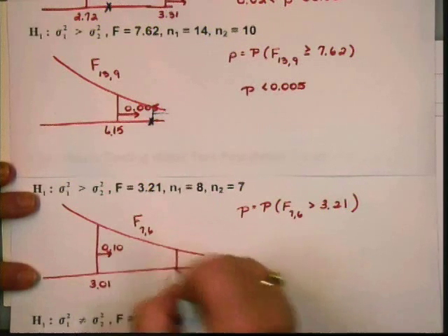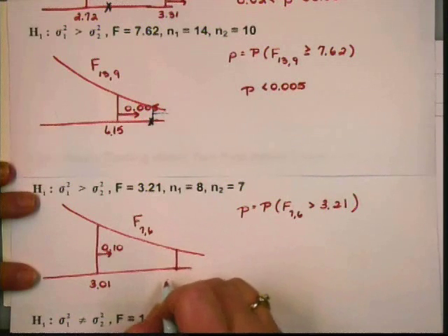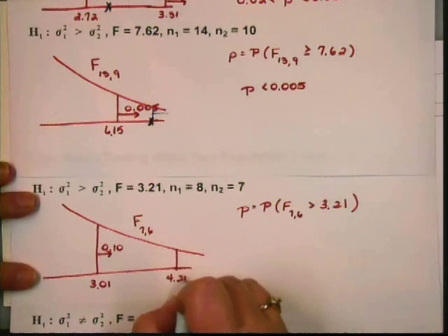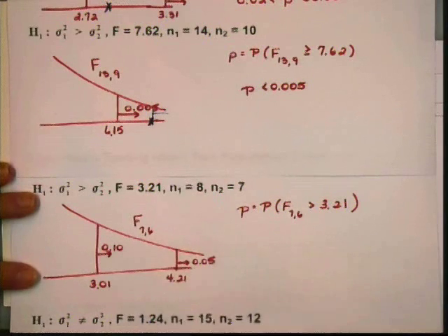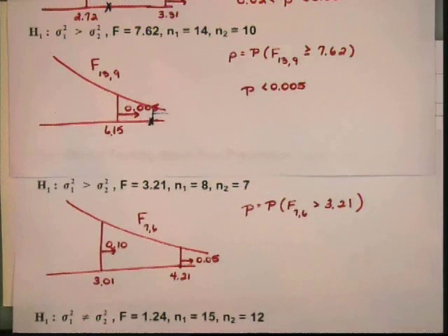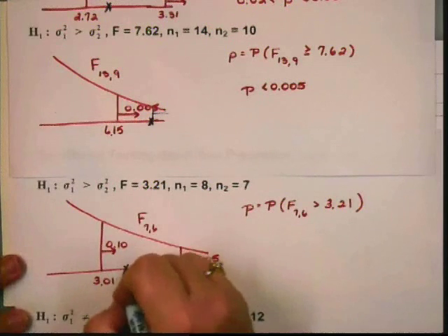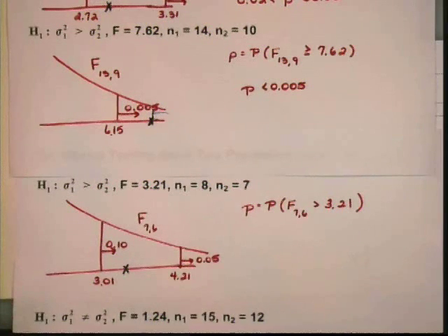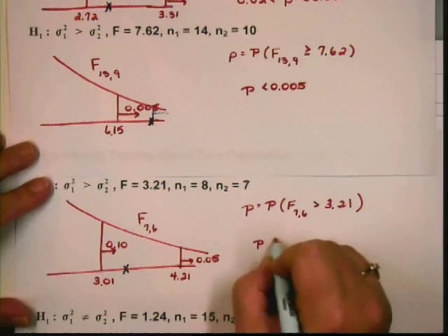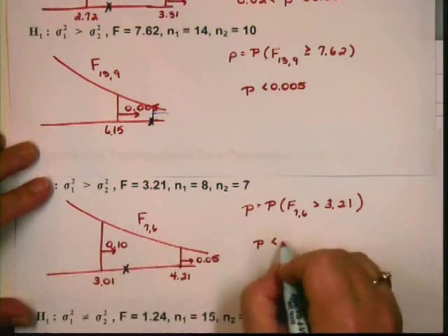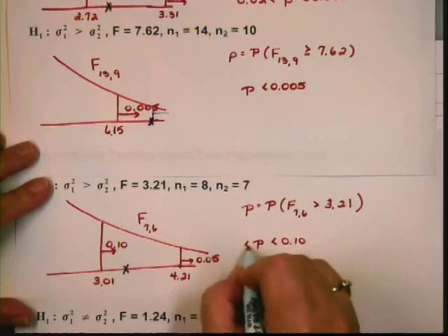And the next value is 4.21, determining a right-hand area of 0.05. And we are in there. All right, it's a right side test. We're not doubling anything. Okay, so that our p-value is smaller than 0.1, but larger than 0.05.